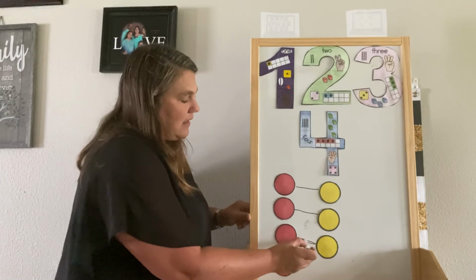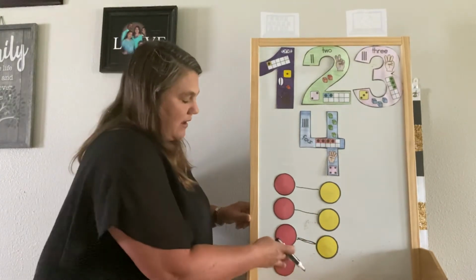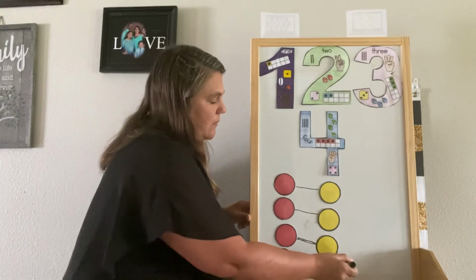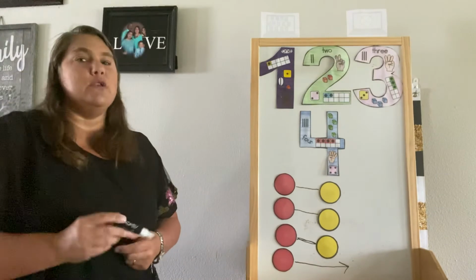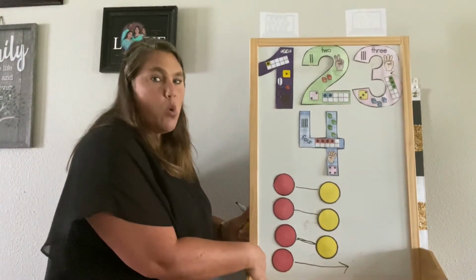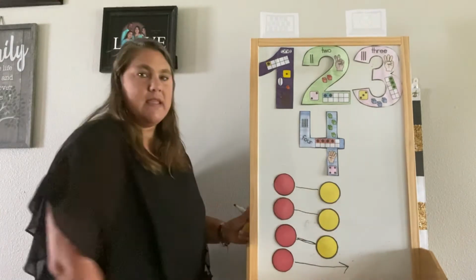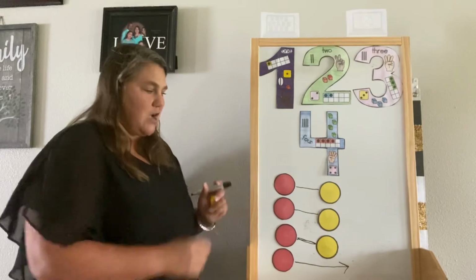Does he have a yellow partner? Yes. But look at this one right here. Uh-oh. Does he have a yellow partner? No yellow partner. So we know that we have 1 more red than yellow. So if you said more red, great job.